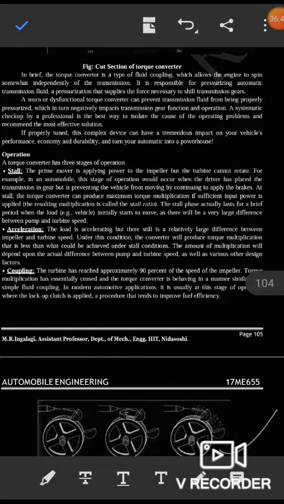Acceleration: the load is accelerating, but there is still a relatively large difference between impeller and turbine speed. Under this condition, the converter will produce torque multiplication that is less than what could be achieved under stall conditions. The amount of multiplication will depend upon the actual difference between pump and turbine speed, as well as various other design factors.